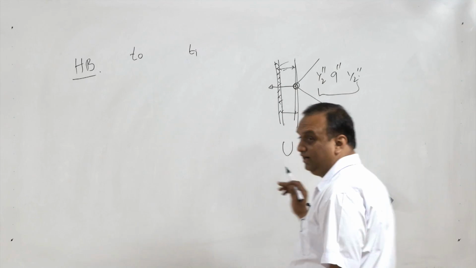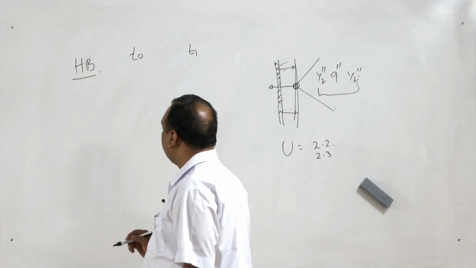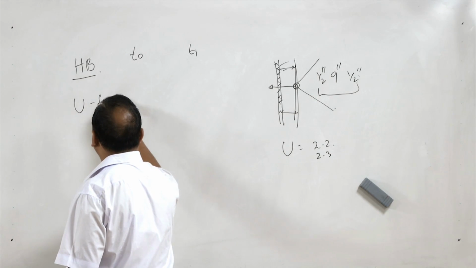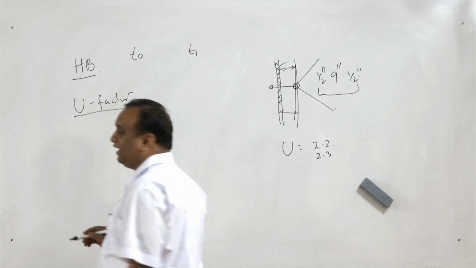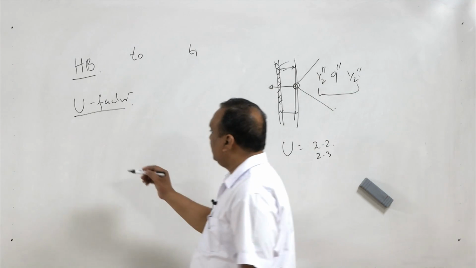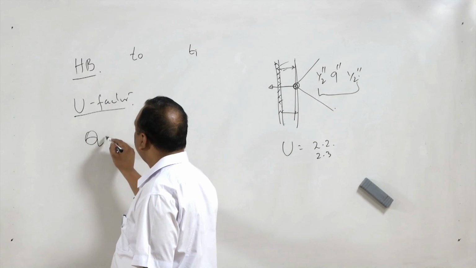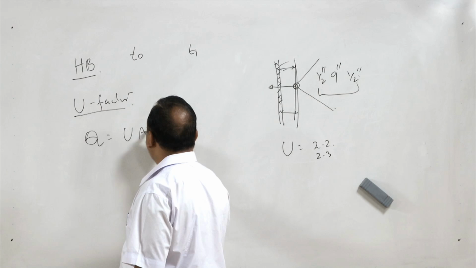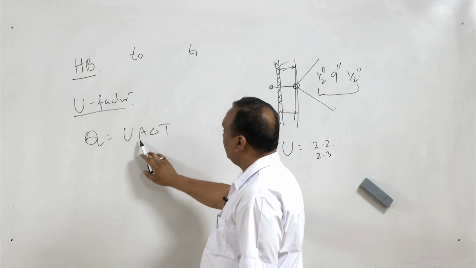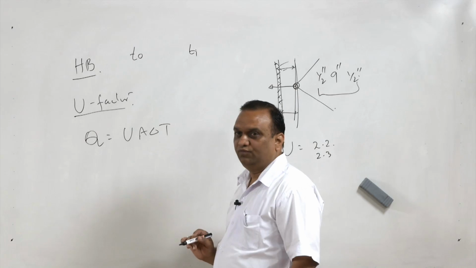In cooling load calculations, the overall heat transfer coefficient is known as the U factor. U factor is very important. If you know the U factor, immediately you can find the value of Q equal to UA delta T. You know the outside temperature TO, inside temperature TI, area of the wall and U factor.